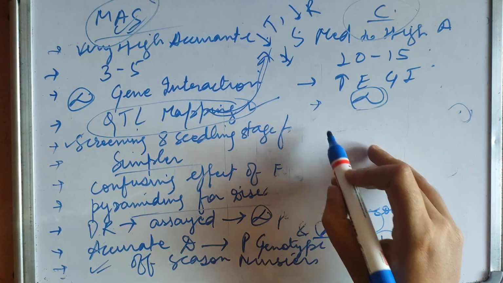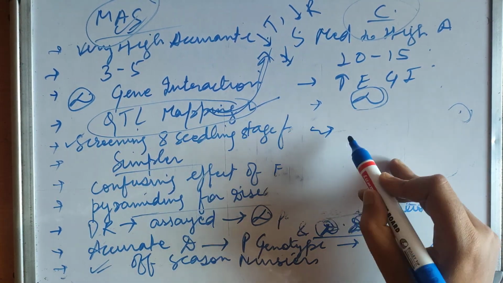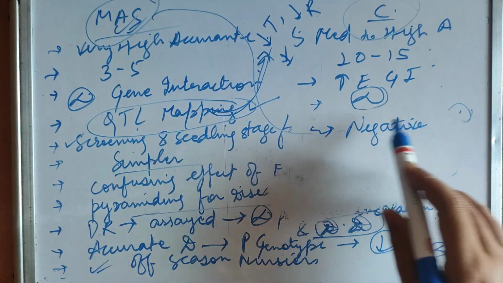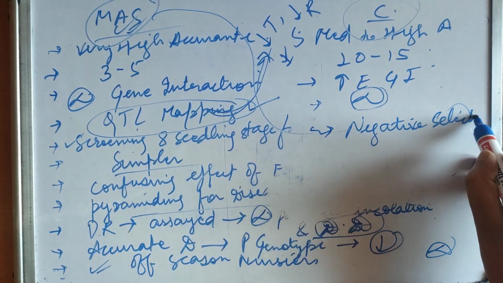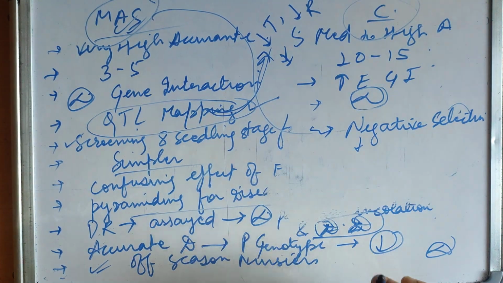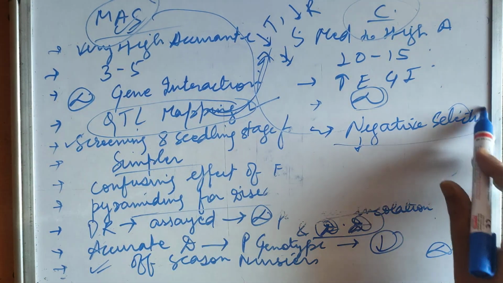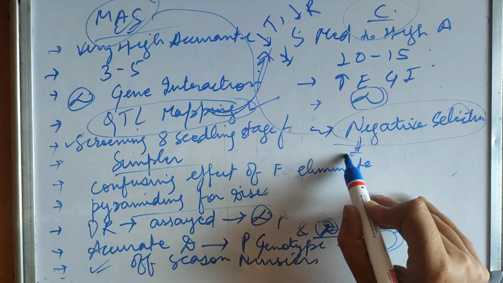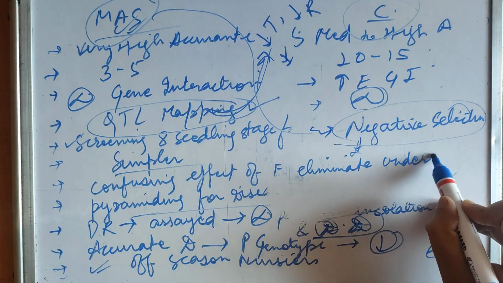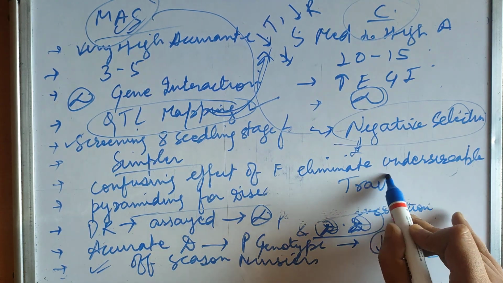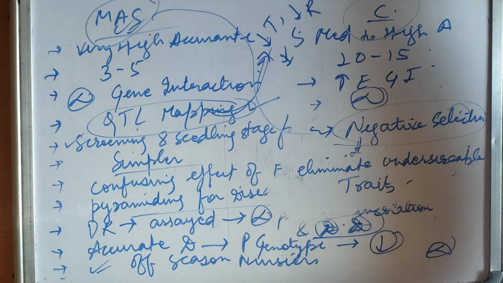And the last point is that here we can do negative selection. In positive selection we add desirable traits, but in negative selection we eliminate undesirable traits, which is very much possible in marker assisted selection.